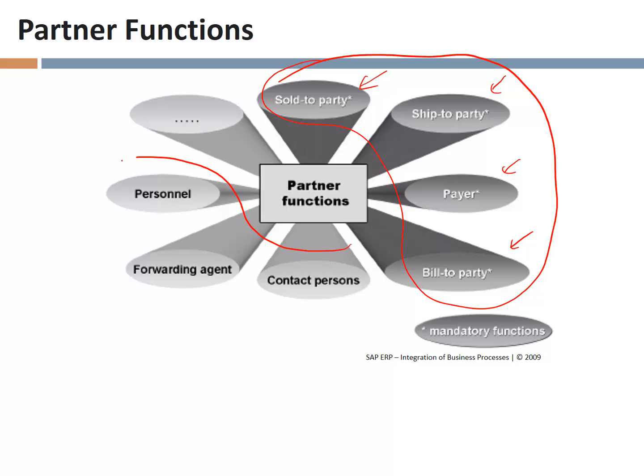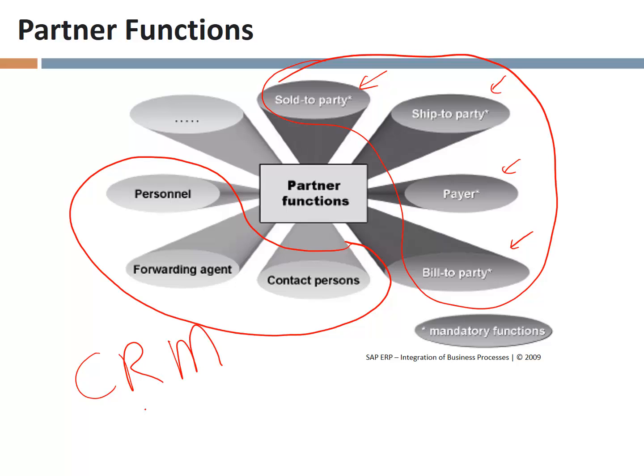Then we have these things right here. These are all things that, keep in mind we're talking about sales here, would fall in the category of what is often called CRM Lite. Remember way back at the beginning of the semester, we talked about how companies could have customer relationship management systems.